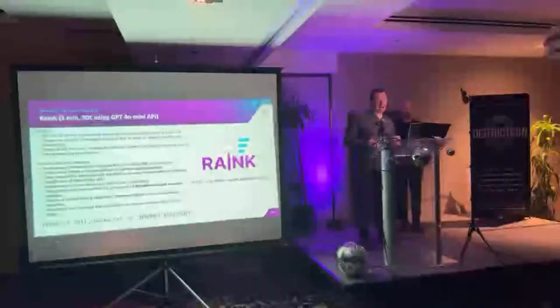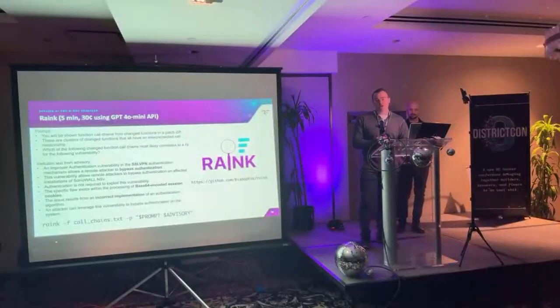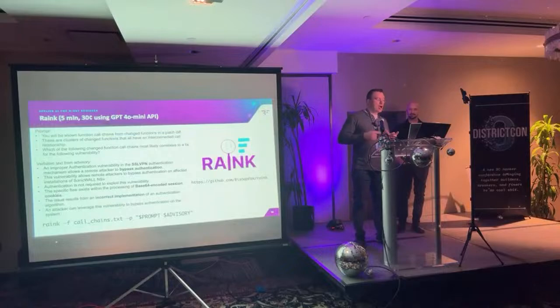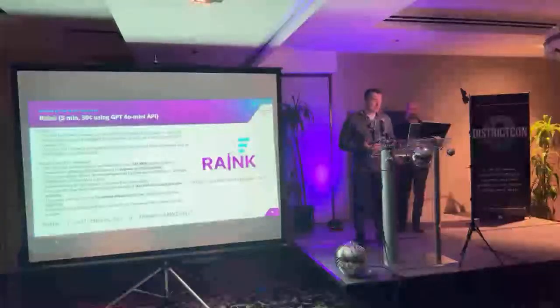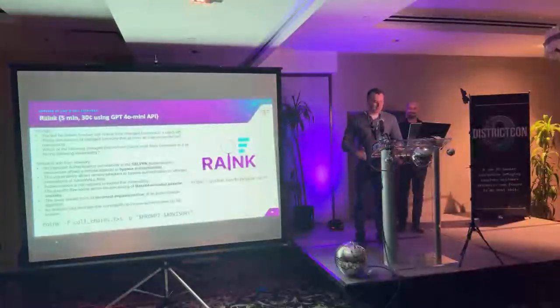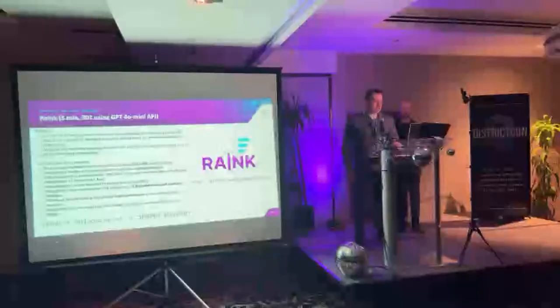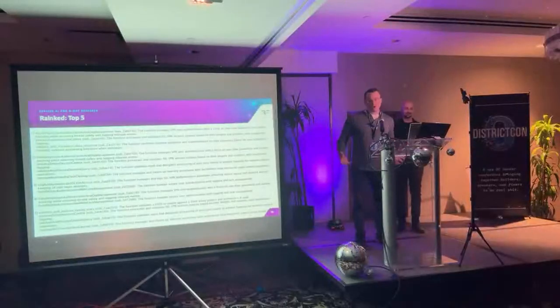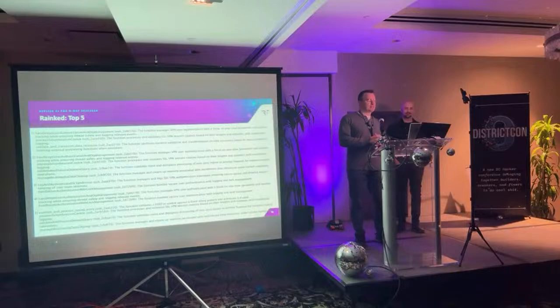And we pass all 1,400 of our summarized call chains over and over through this function. It takes about 5 minutes. It's very simple to call on the command line, like I'm showing here. And here are the top 5 summarized call chains that we get back from that ranking algorithm.